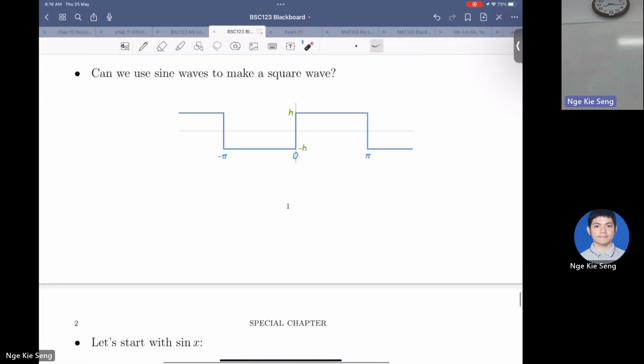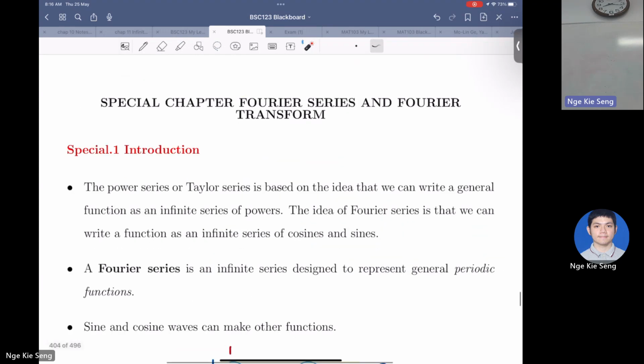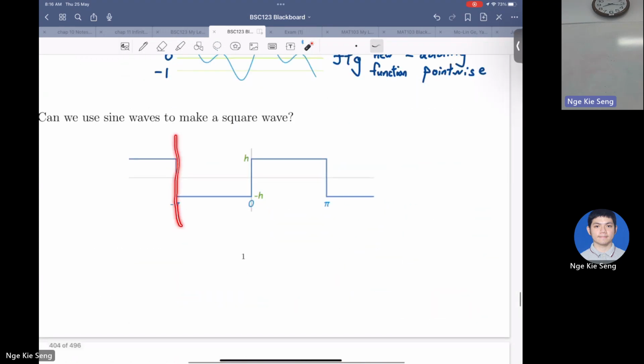So look at this example here. Okay, can we use a sine wave to make square wave? First of all, is this a function? Why? Okay, cannot pass the vertical test. What's the vertical test? So for a single x, you cannot have multiple y. Okay, so this is not a function. Okay, but we can approximate this function using sine wave functions.